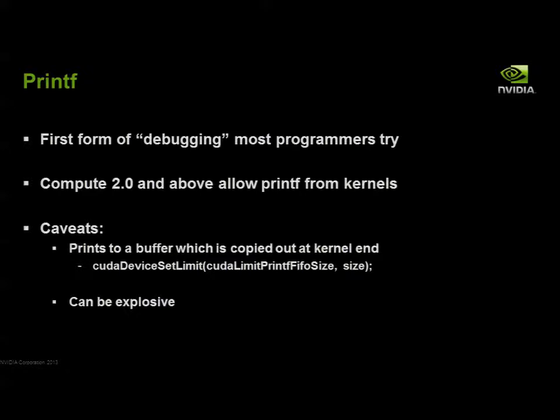So you will have to compile your code with -arch=sm_20 or any number that's higher in order to get access to printf. If you right now just try to compile a kernel that contains printf without any flags, so just nvcc myfile.cu, it will complain and say that this function is not available. So just add -arch=sm_20 or higher, and it will work.